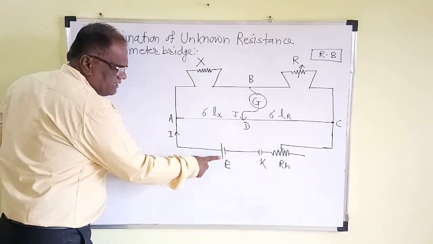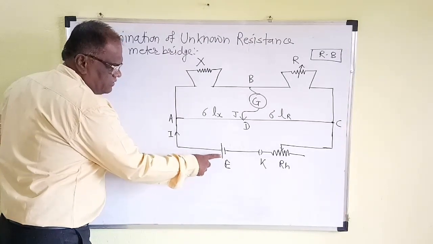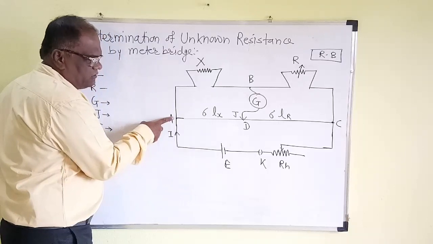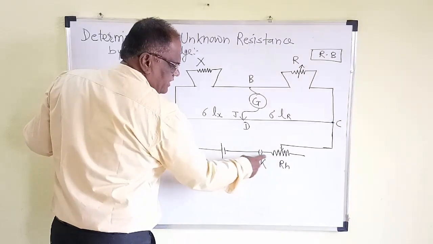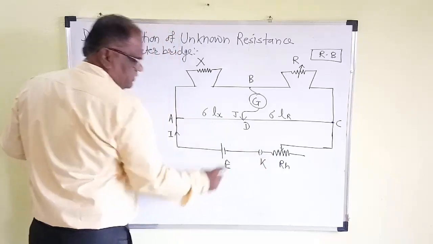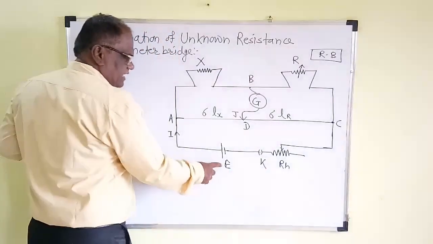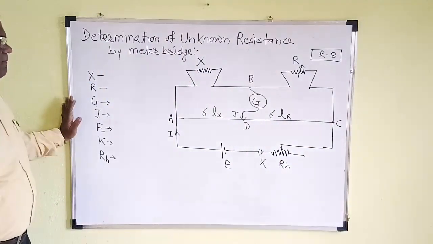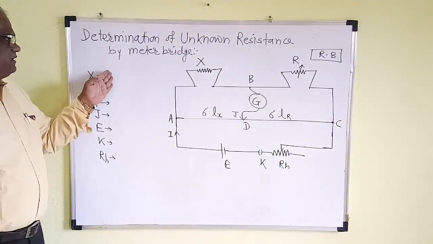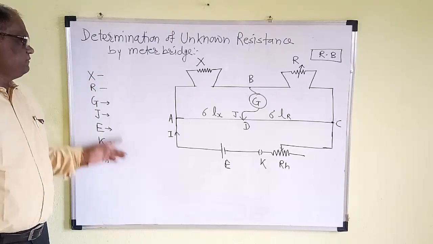Here E is the battery whose positive terminal is connected to the point A. A rheostat and key are connected to the cell E between the points A and C. Then just label the diagram.